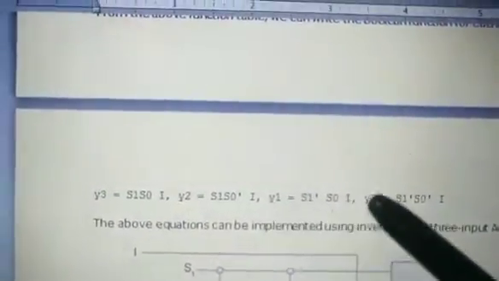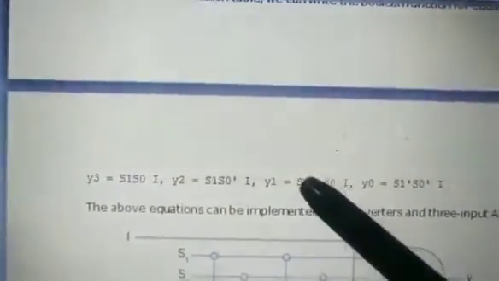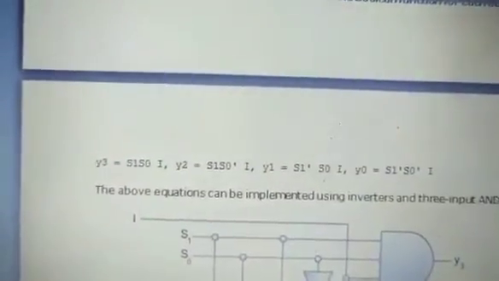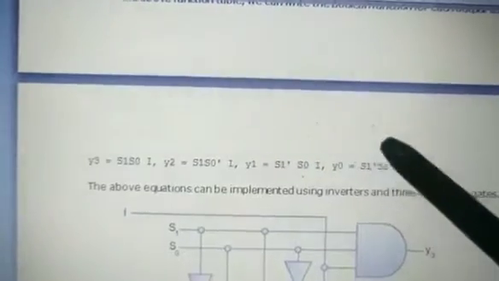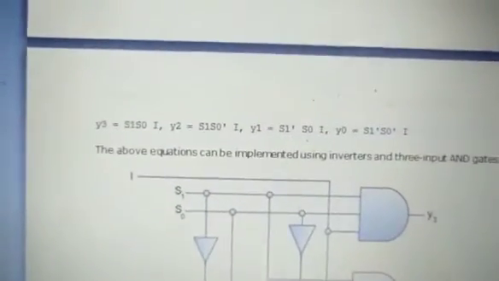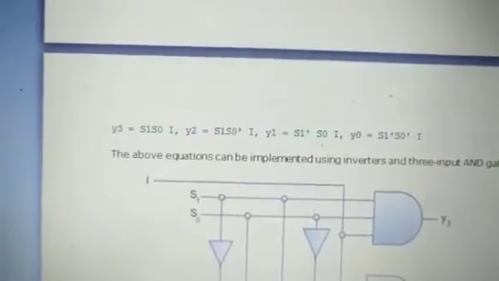For Y1 we get I, S0, S1 bar. For Y2 we get S1, S0 bar, I, and for Y3 S1, S0 and I. This is the Boolean expression for the 4 outputs. Using these output Boolean expressions, we will determine our logic circuit.